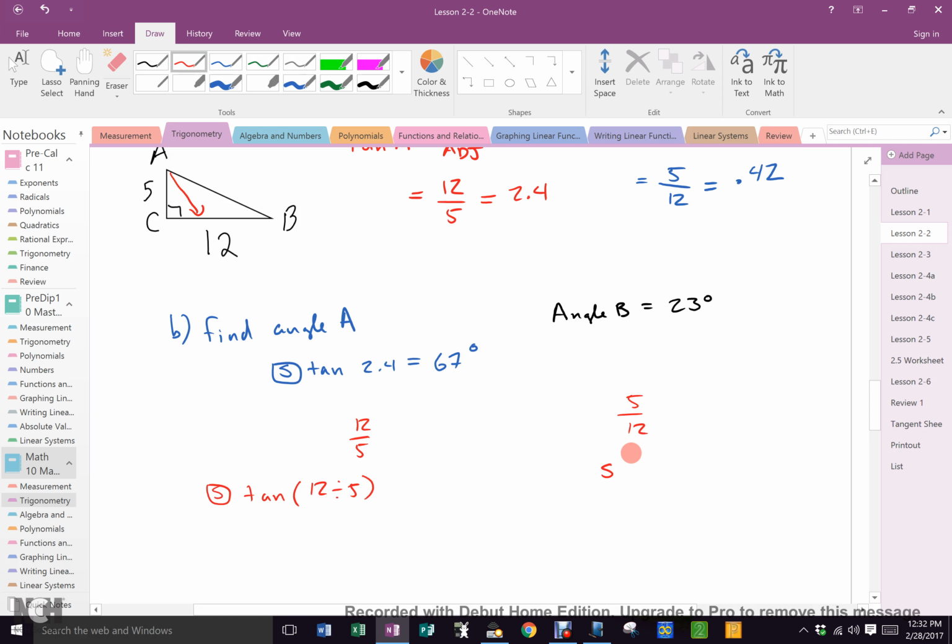And over here you could have done shift tan bracket 5 divided by 12. And if you were a reverse calculator, of course, you would do that in the opposite order, right? You would do bracket 12 divided by 5, close brackets, shift tan. And over here, you would do bracket 5 divided by 12, bracket, shift tan.